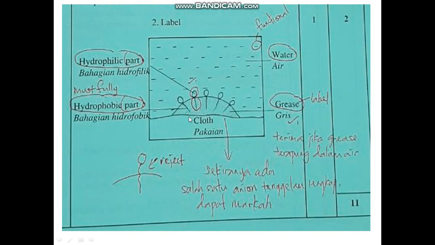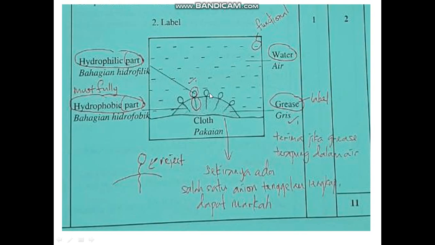And next, on the surface of the cloth, there's the grease stain, and you draw a line and label grease. And next, you must add water. How to draw water? Dash line. Put the dash line and draw a line to label it as water.